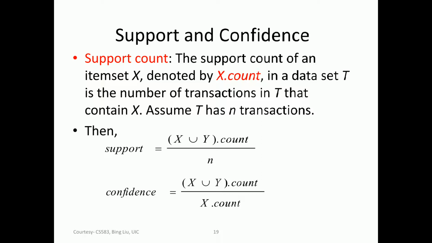So how many transactions have X and Y out of the total number of transactions having X.